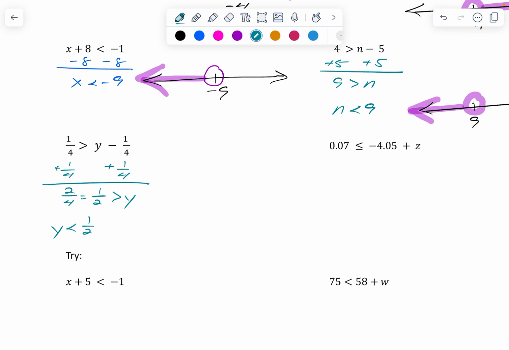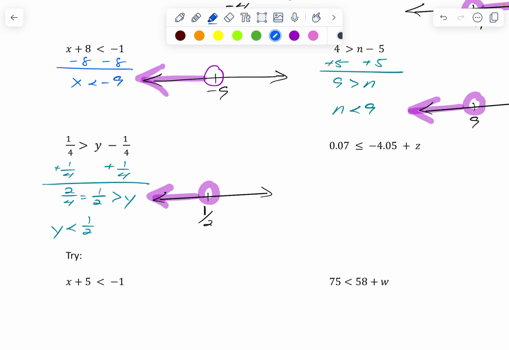See, it's still pointing at the y, big part's at the 1/2. And so now when we go to graph that, we can just put 1/2 here. It doesn't matter. It's so easy. And so we're going to have an open circle and to the left.